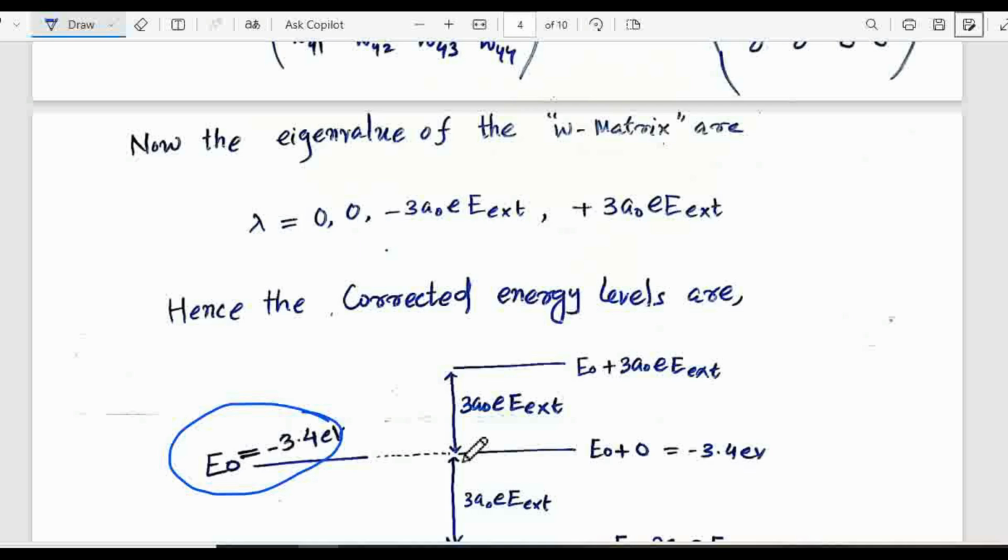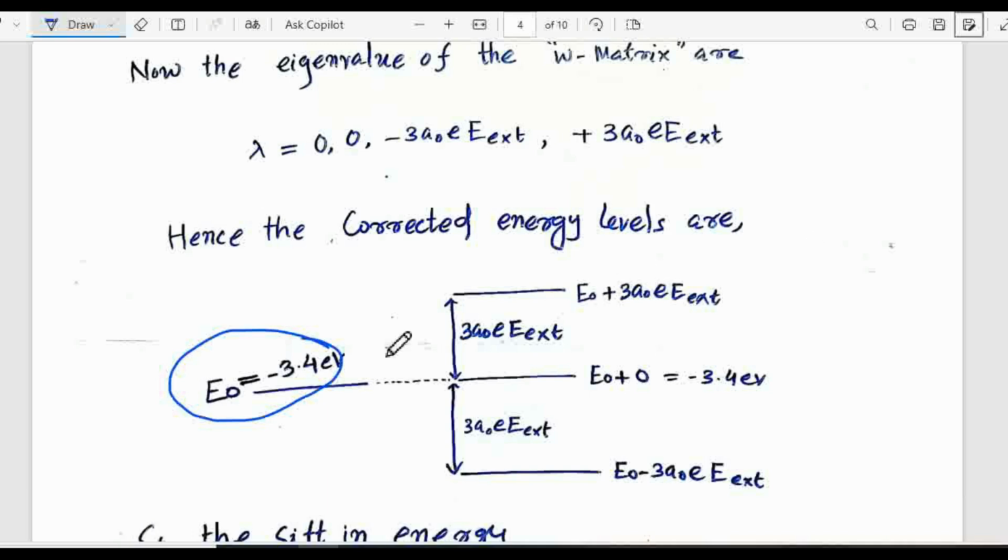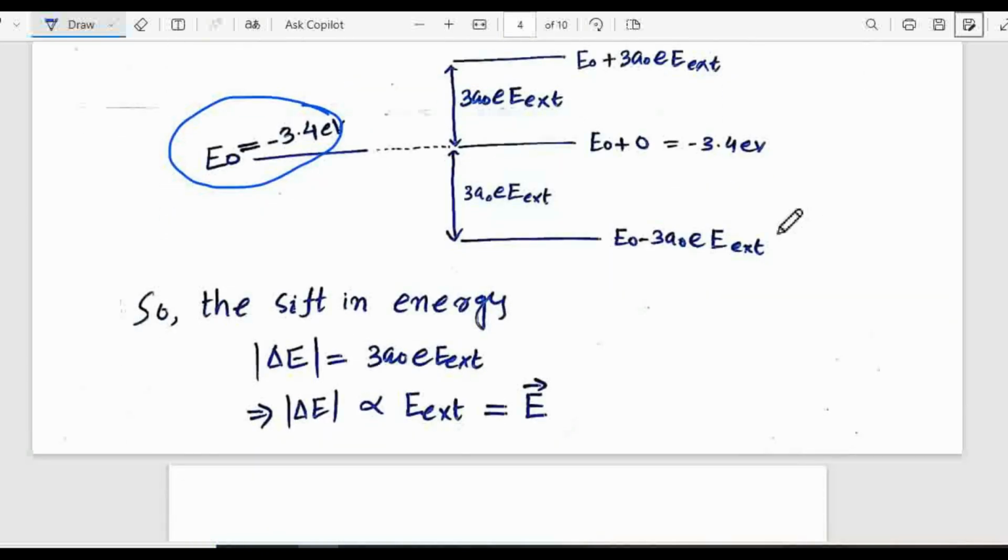But there are two other states whose levels have split. One has gone up and one has gone down. But we don't care about that information. We just need the information about the proportionality. The correction in the energy is this.